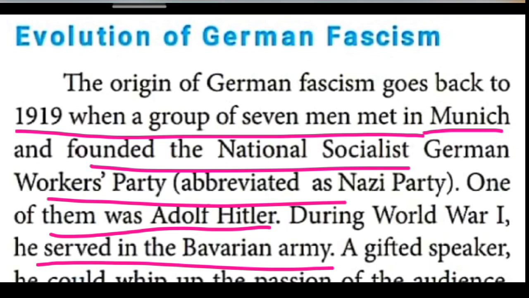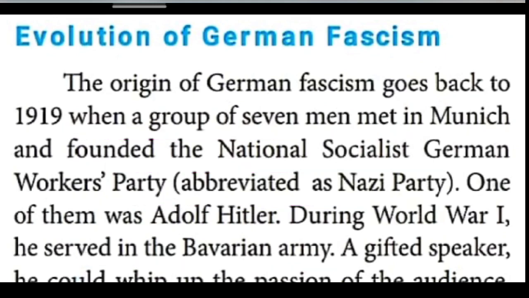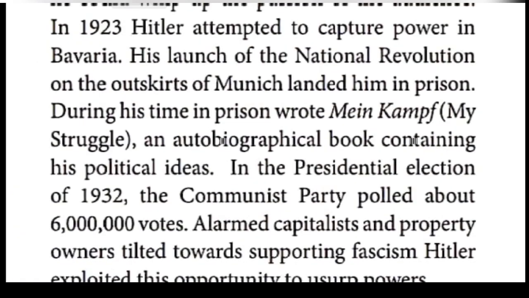Orator means speaker, children. He could whip up the passion of the audience. What does whip up mean? Excite. When people heard Hitler's speech, they used to get excited. That is the meaning of whip up the passion of the audience. So this much. The next term.